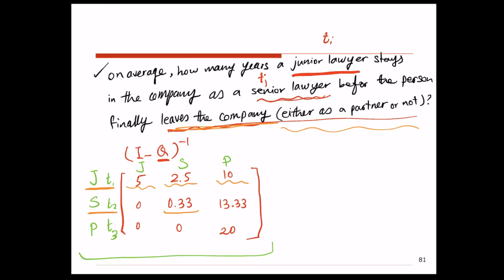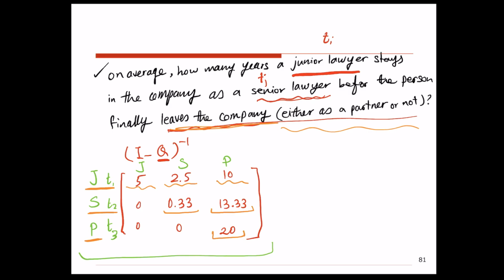Also, I spend about 13 time steps in the system as partner before I finally get absorbed, meaning that I leave the system as a partner or non-partner. And if right now I'm a partner, a transient state, I expect to spend another 20 years in this company as a partner before I finally leave the company. This is how we are going to answer the second type of questions that can be asked in an absorbing chain.